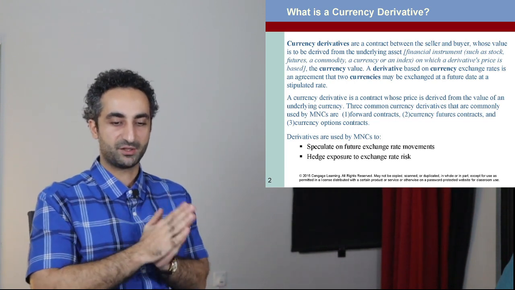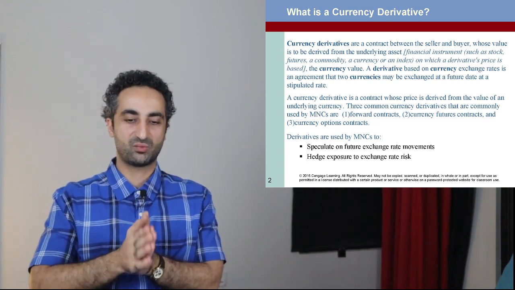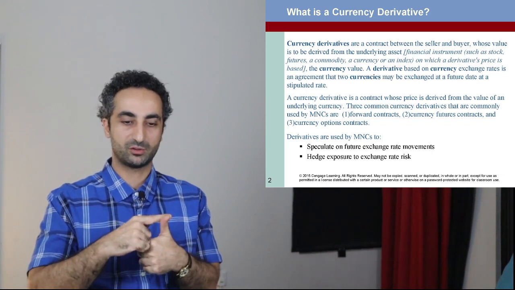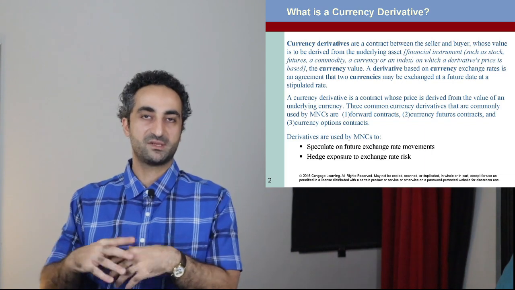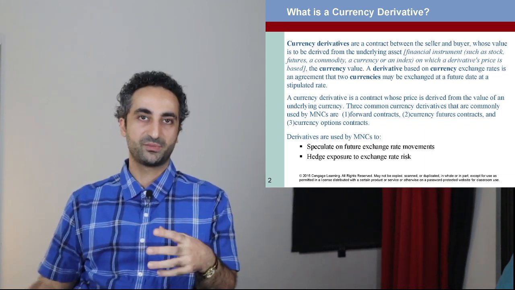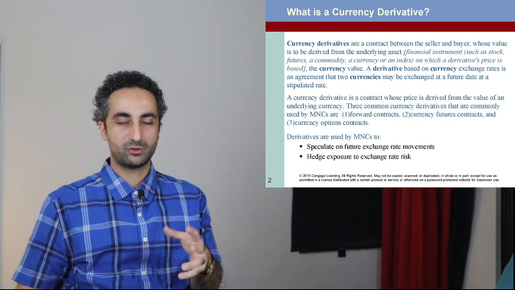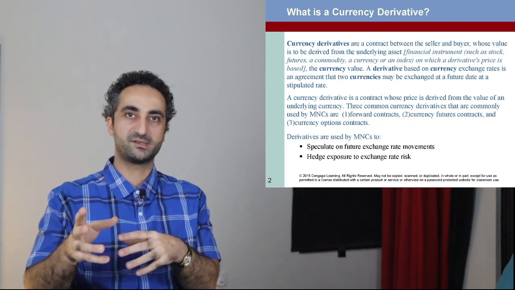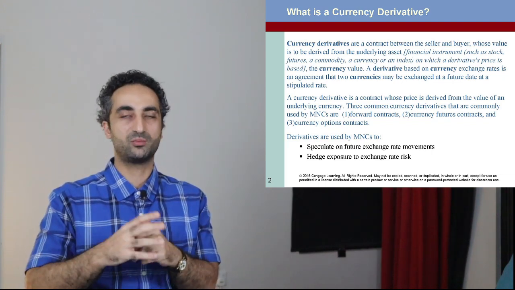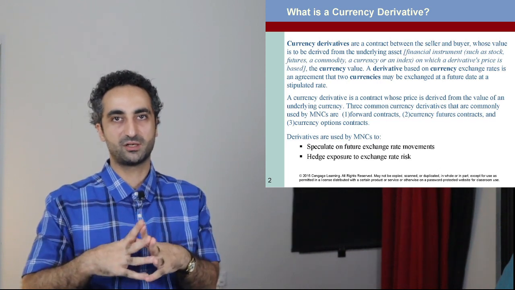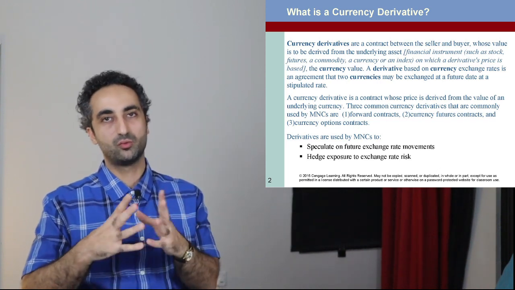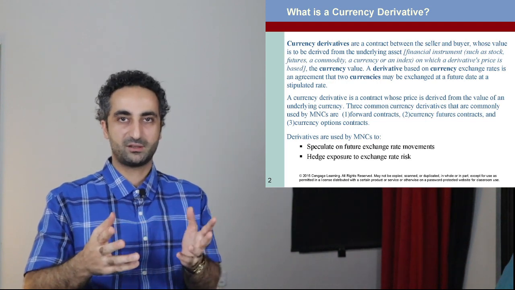So derivatives are used by MNCs. Why? To speculate on a future exchange rate movement. Sometimes the aim is just to speculate. You don't really care about the currency, but you just want to speculate. You believe, based on your vast experience in the Malaysian market, the ringgit will depreciate. So you want to buy ringgit later.